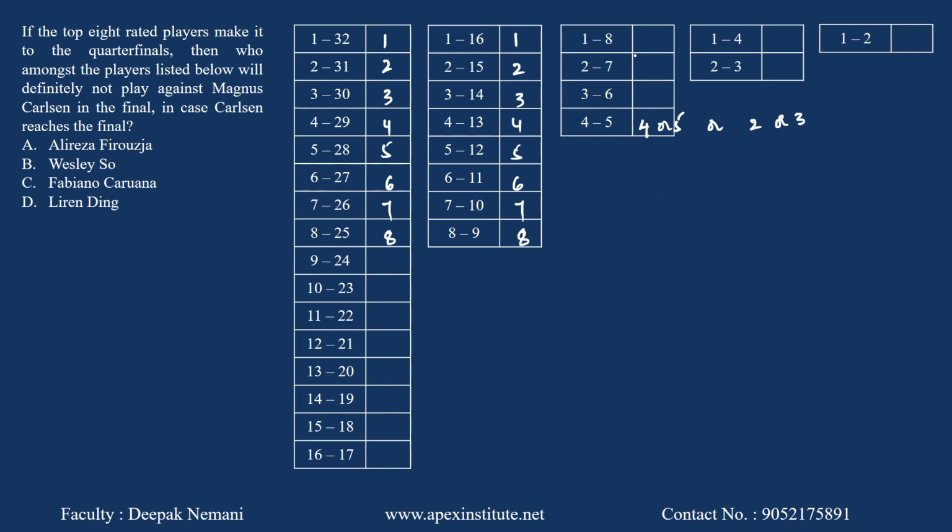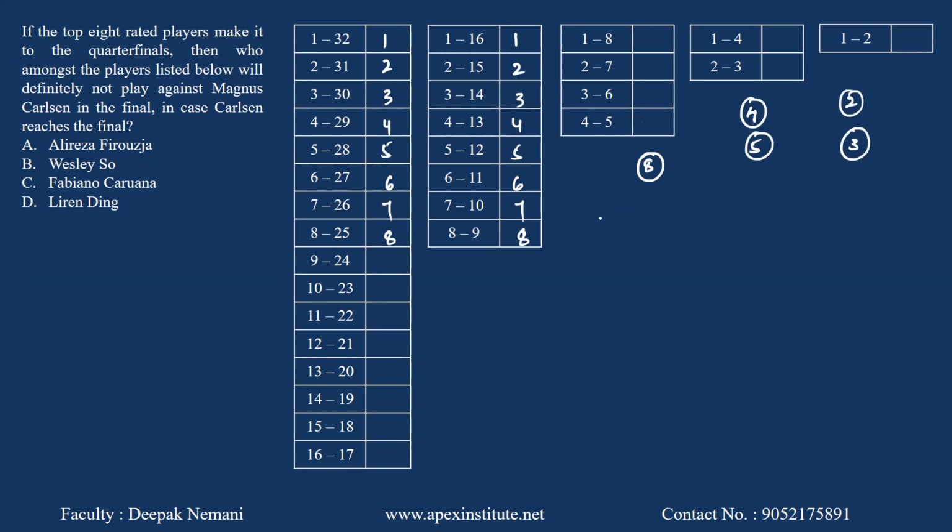So final. So in quarterfinal, Magnus Carlsen will be playing with a person whose rank is 8. So here he will be playing with a player whose rank is 4 or 5. And here he will be playing with a person whose rank is 2 or 3.